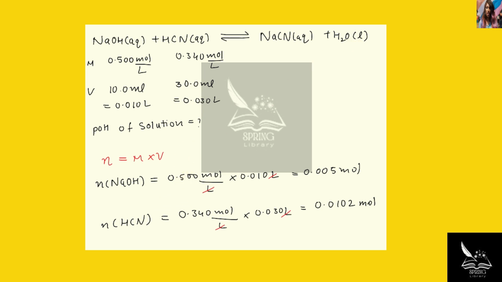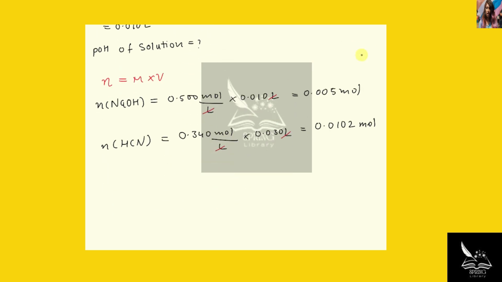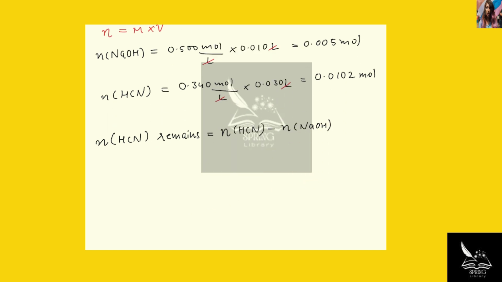Therefore, we can say that the moles of HCN remaining will be equal to moles of HCN minus moles of NaOH, and the moles of NaCN formed will be equal to moles of NaOH.